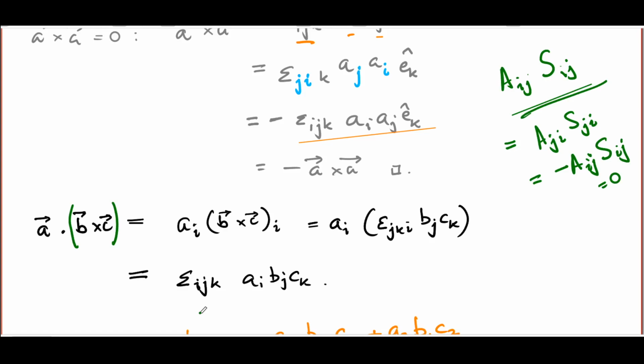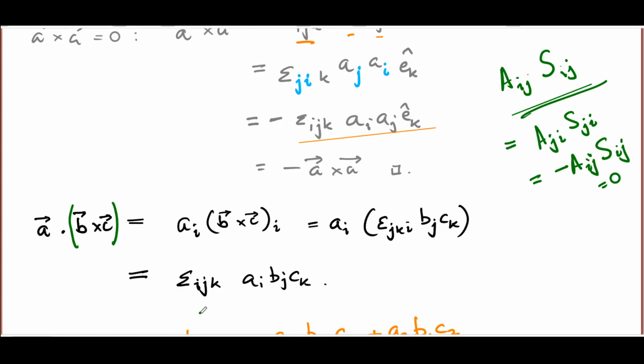So this sum should have 27 terms, out of which only 6 will be non-zero because of the epsilon_ijk's total antisymmetry. And let us just write down those 6 terms, where ijk happen to be a cyclic permutation of 1, 2, 3. That is 1, 2, 3, 2, 3, 1 and 3, 1, 2. You are going to get a plus sign.